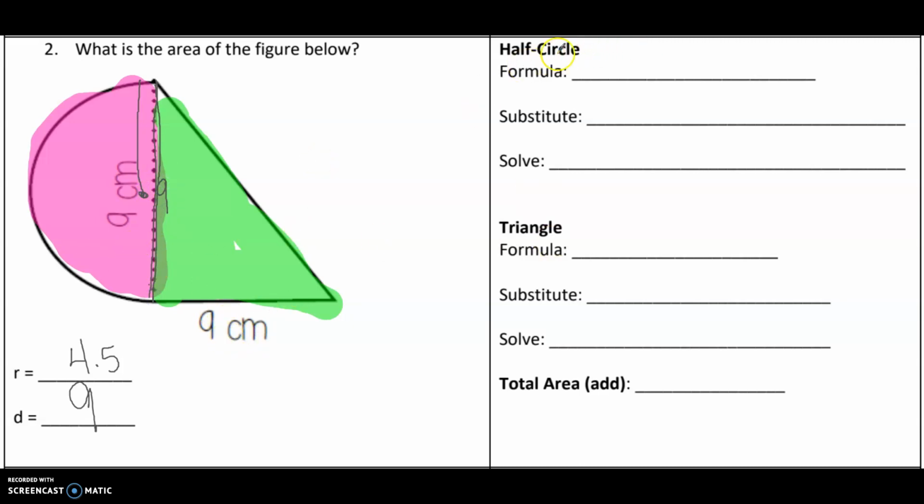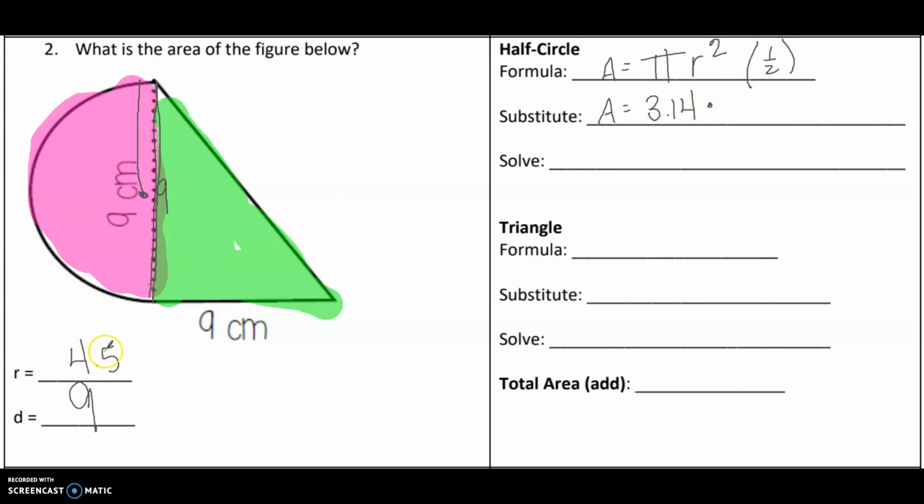So our half circle, formula for a circle, area equals pi r squared. Because it is a half of a circle, at some point we need to take a half. Substituting for pi, we're going to use 3.14. Radius squared means radius times radius.